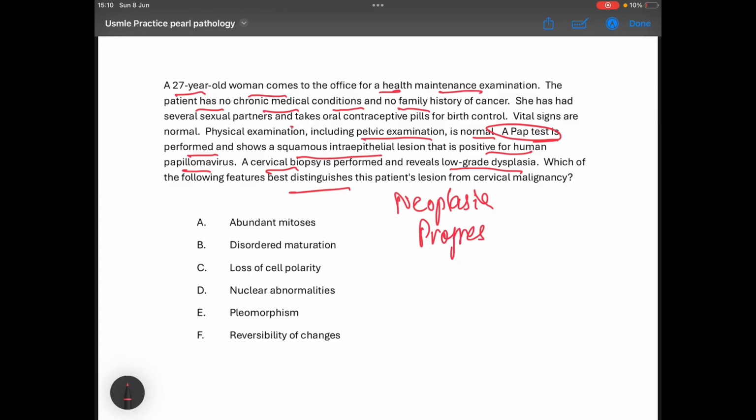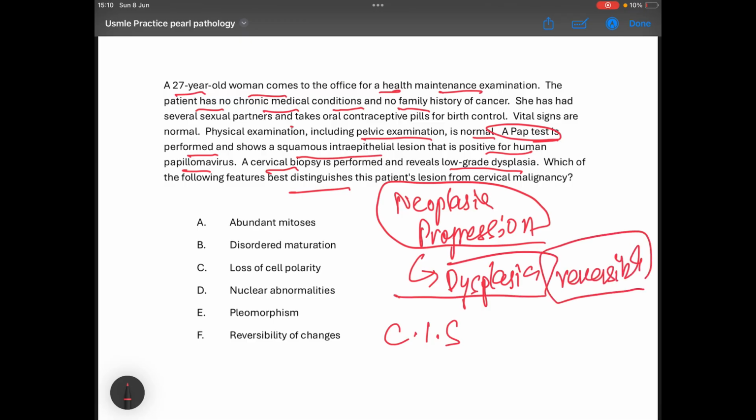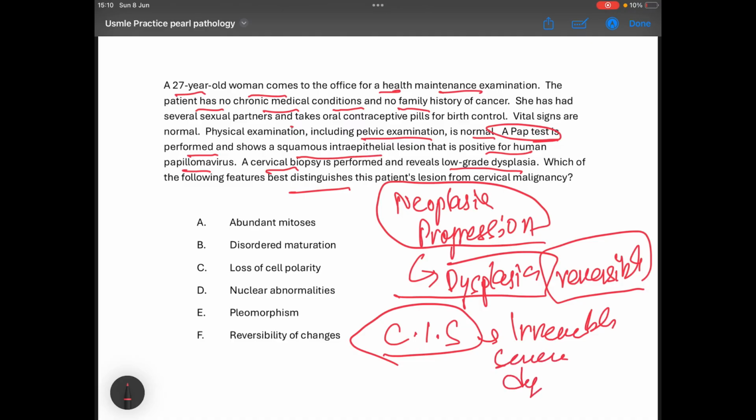That was the first topic of neoplasia and general pathology: a statement about dysplasia and carcinoma in situ. Dysplasia is a reversible process if we remove the stimulus, and carcinoma in situ is an irreversible, severe form of dysplasia.